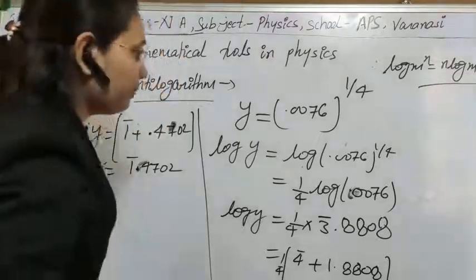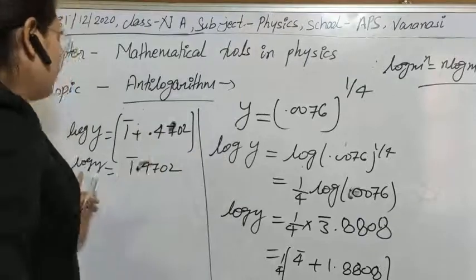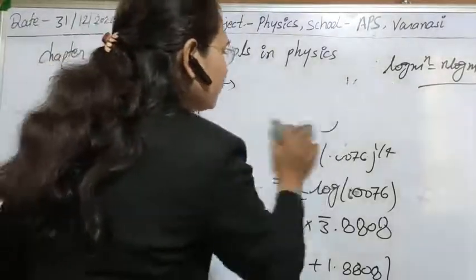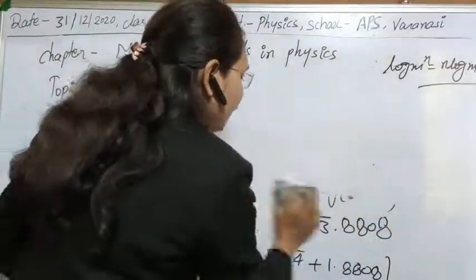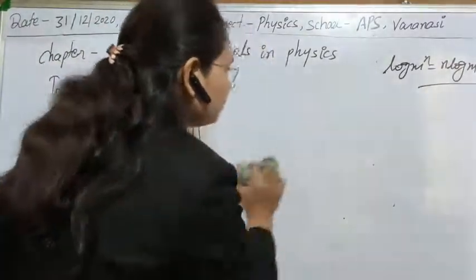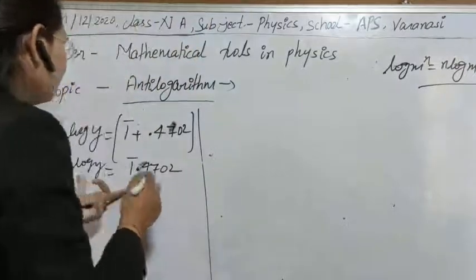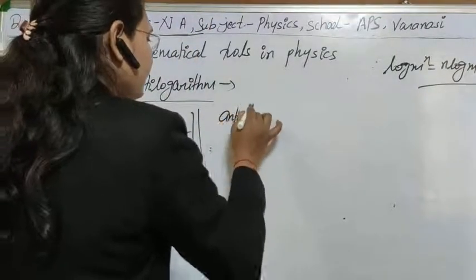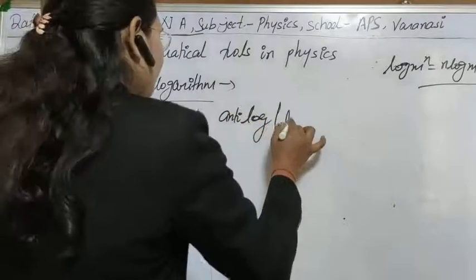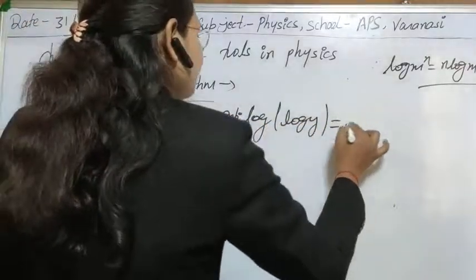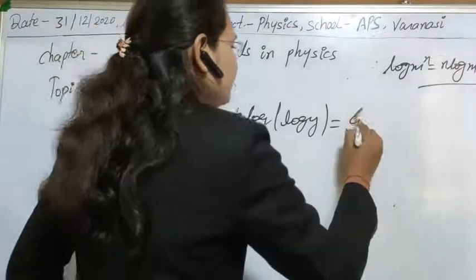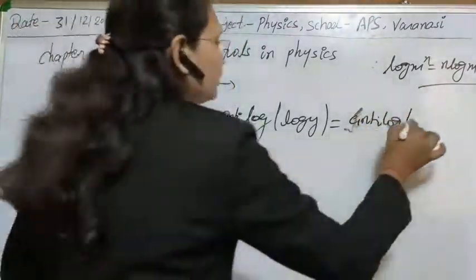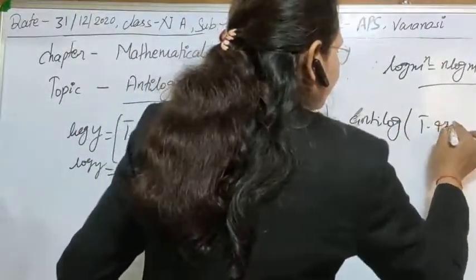But still our problem is that we have to calculate y, not log y. So for the calculation of y, you have to take anti-log on both sides. Anti-log of log of y is equal to anti-log of this term, 1 bar 0.4702.